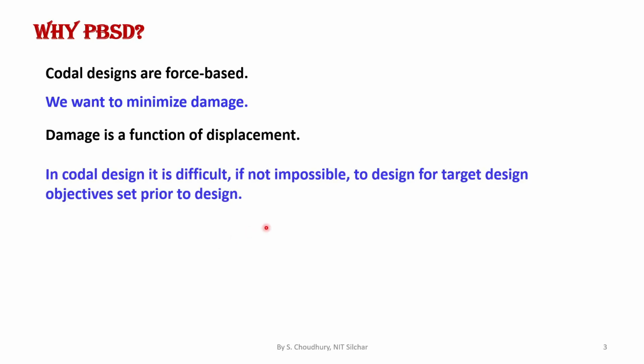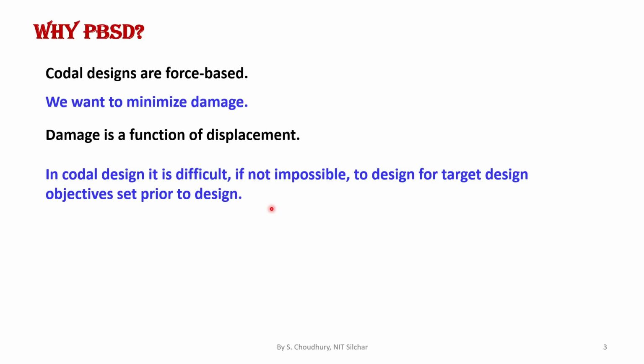In the codal design, it is difficult, if not impossible, to design for target design objectives set prior to design. Suppose we take a simple example: I want to design a building for 2% interstory drift. No code in the world, unless it is following performance-based seismic design procedures, will be able to give you a procedure so that you can attain 2% drift.